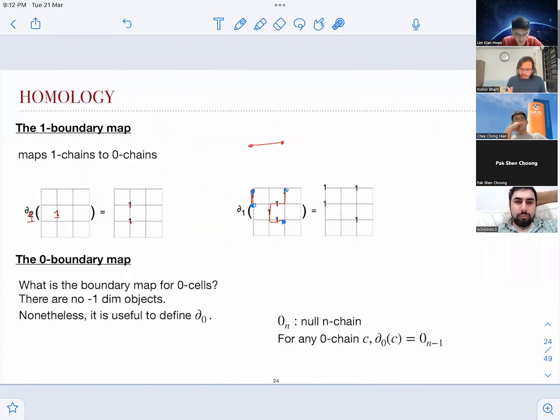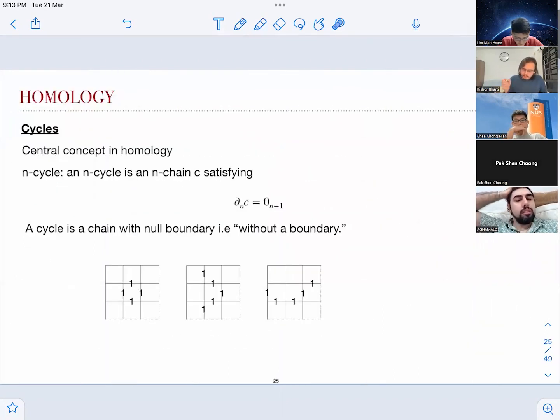So we had this nice object, we had the chain, we had the boundary, and boundary takes us from an n chain to an n-1 chain. Then we have this notion of a cycle. So what is a cycle? A cycle is basically an n chain which satisfies the condition here. When you act on your cycle with delta n, the n boundary map, it gives you a null chain, all 0.